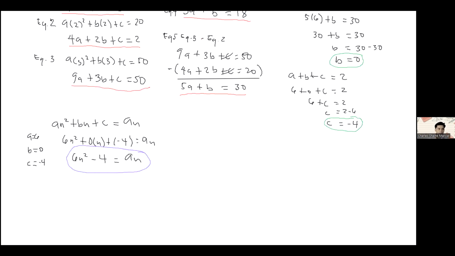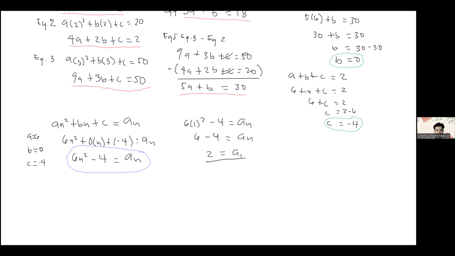Sige, try natin kung ito ba talaga yung formula or general term ng sequence. So let's find the first term. So substitute lang natin yung first term. 6n squared minus 4 is equal to a sub n. So 1 squared is just 1. So 6 minus 4 is equal to 2. This is the first term, a sub 1.